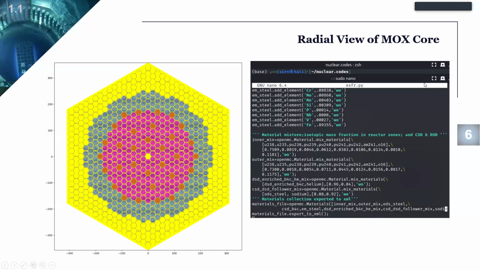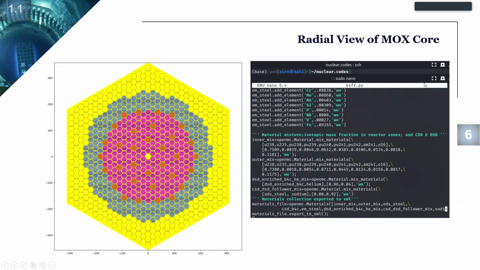So as you can see, the proportions are also given here, with their percentages for the inner fuel zone, the outer fuel zone, and of course the structural materials, or the material that has been adopted as the wrapper for the subassemblies. You can also see that the subassemblies in this design concept resemble the subassemblies we know in the VVR 1200.